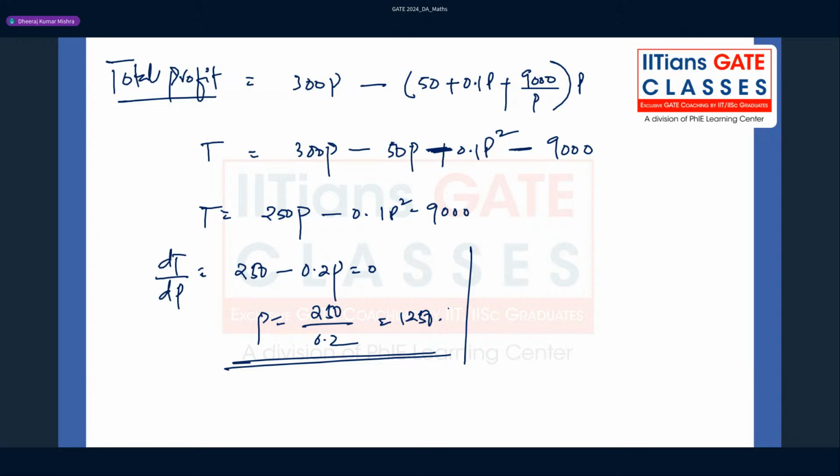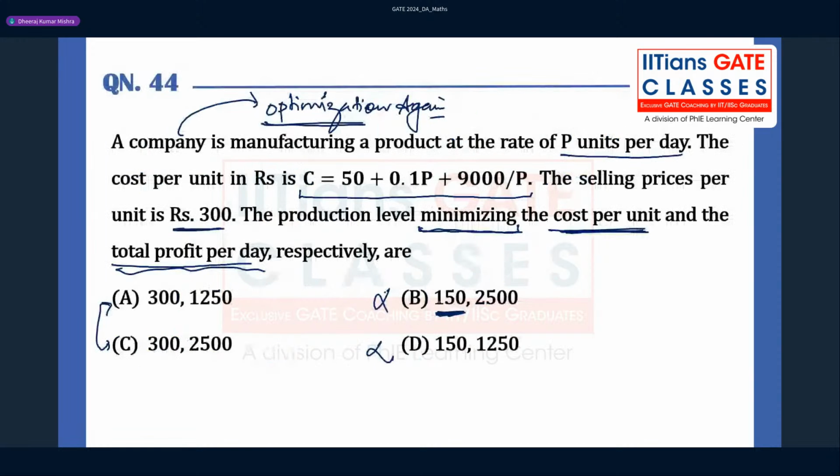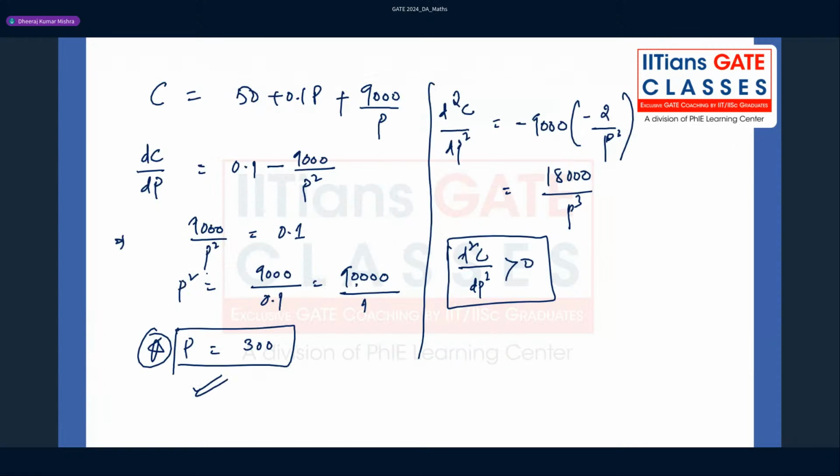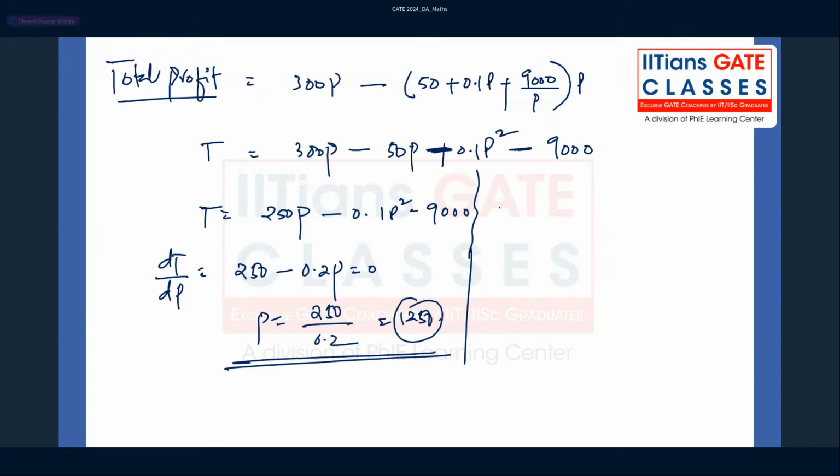Now you have to check also whether this value is correct or not. So option A is going to be correct for this question, 312.50, right? But anybody can solve it. If somebody is not from data science and AI, they can also solve this problem. So you can check for the second derivative also if you want. What you can do here is d2T by dp square, this is very important.